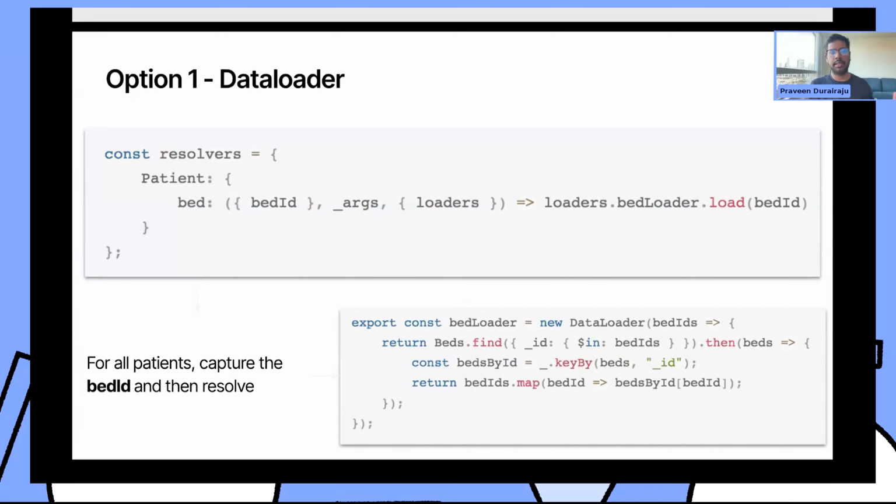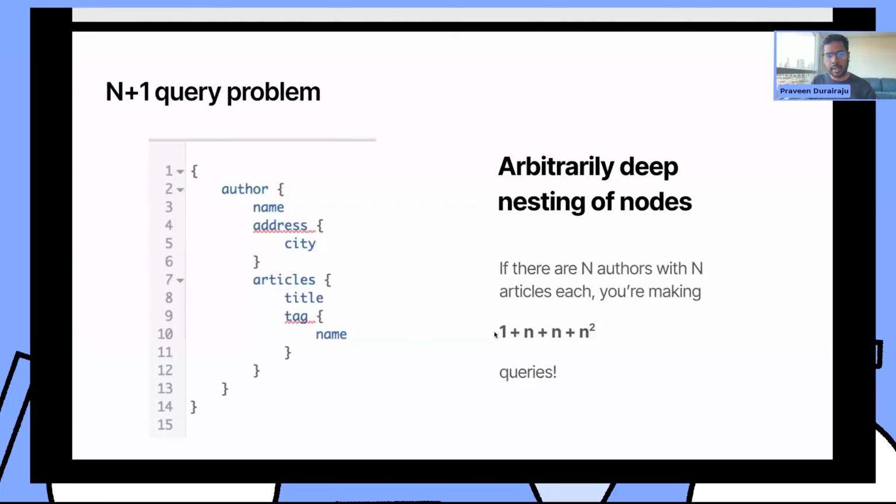What DataLoader does is, if you go back to this example, instead of making n queries for each author, for each article, and for each tag, what you're saying is, hey, fetch me authors in one shot, fetch me all the addresses for the authors in one shot, fetch me all the articles for all the authors in one shot. So you're making one exact query for each of the nested levels.